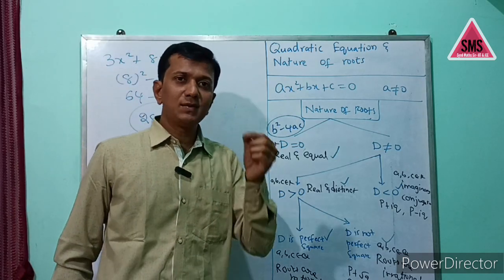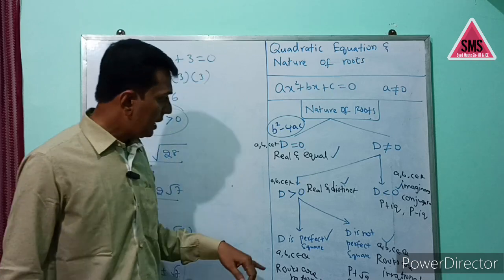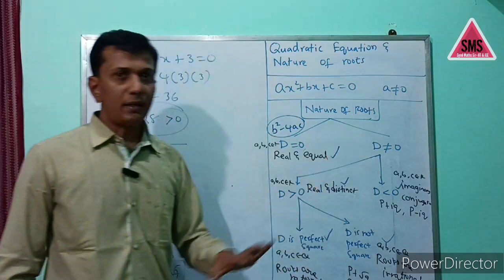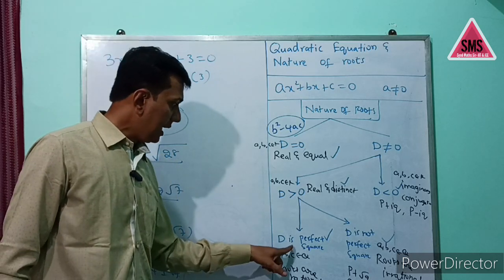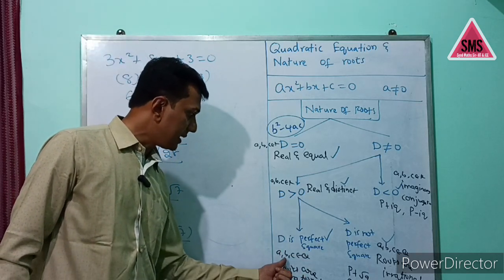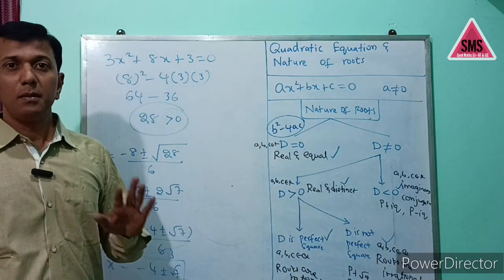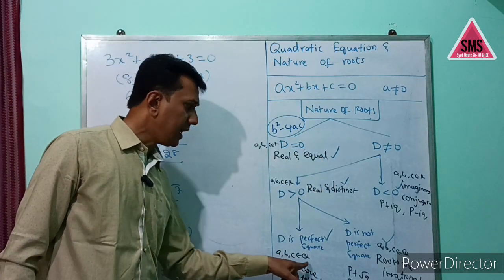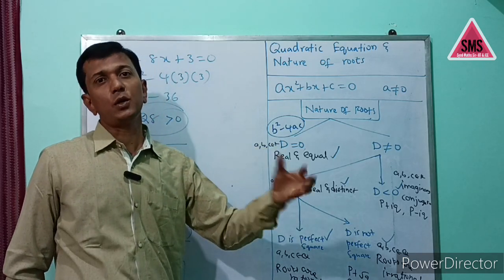But one more small condition we have to concentrate on. D is a perfect square when D is greater than 0, and when it is a perfect square, we are saying that a, b, c must belong to rational numbers. If a, b, c are irrational numbers, what kind of roots are we going to get?